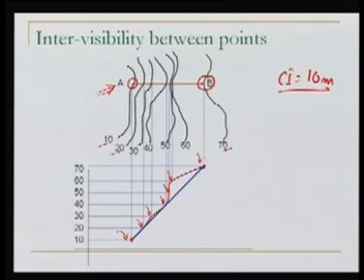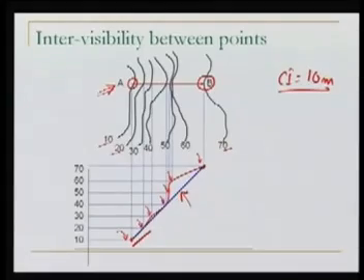As you can see, now, what is the meaning of this? The line of sight is grazing the ground somewhere here. The meaning of grazing the ground is that the line of sight is nearly parallel to the ground and is touching the ground. However, in this area, the line of sight is inside the ground.